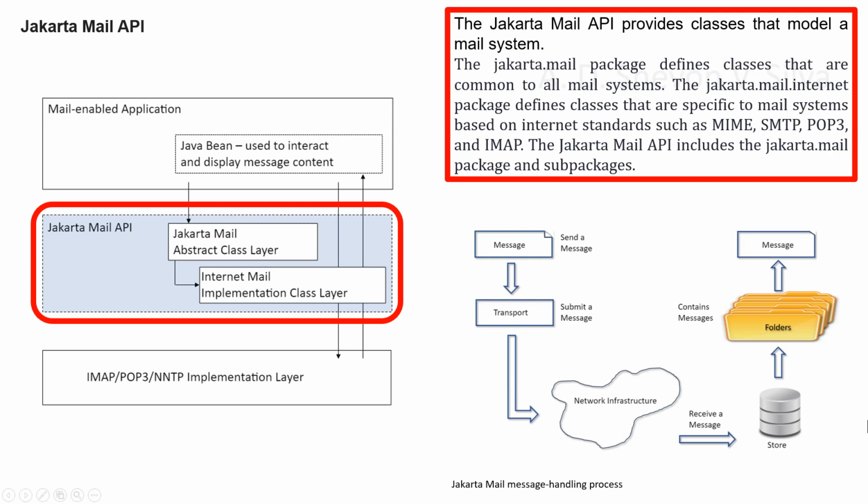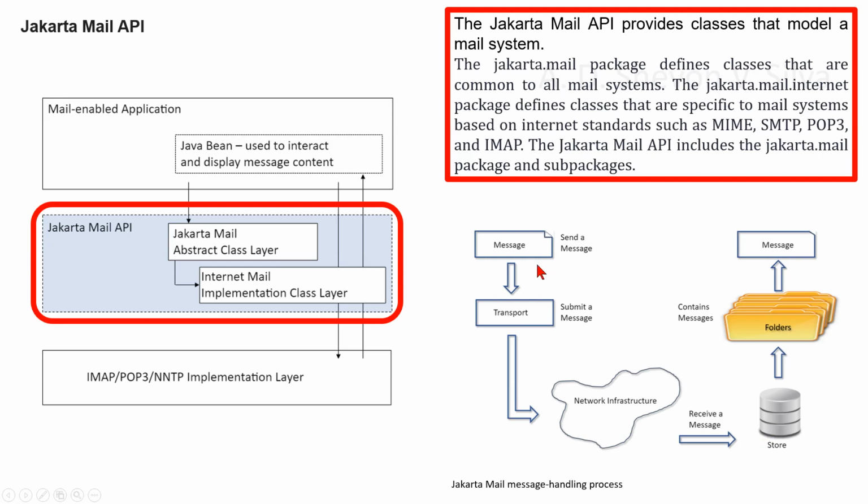It cannot be subclassed. The session class also acts as a factory for store and transport objects that implement specific access and transport protocols. By calling the appropriate factory method on a session object, the client can obtain store and transport objects that support specific protocols.